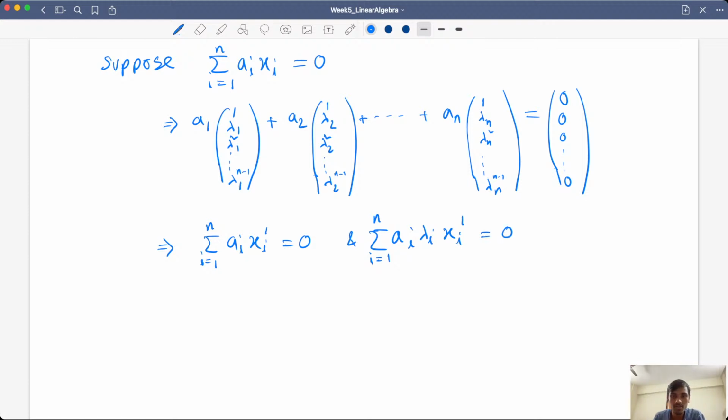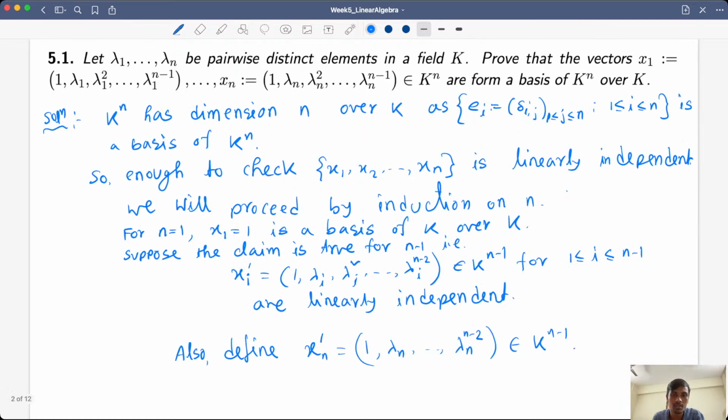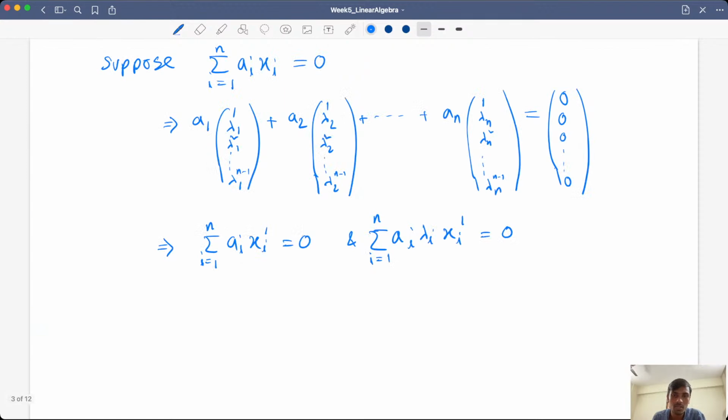Now if I combine these two, I want to use the induction hypothesis that these are linearly independent. The extra vector here is only xn prime. If I eliminate that, I can use the linear independence of the xi prime. Suppose this is my vector equation number 1, and this is equation number 2.